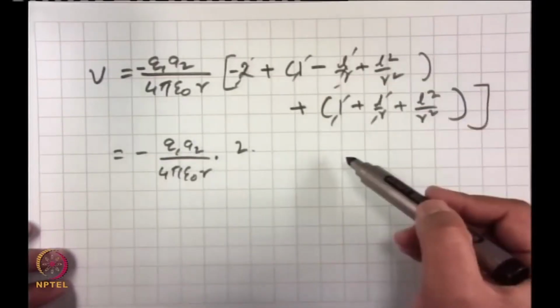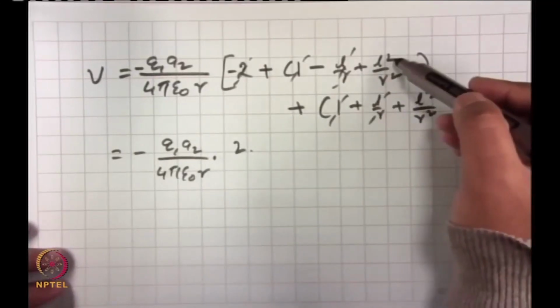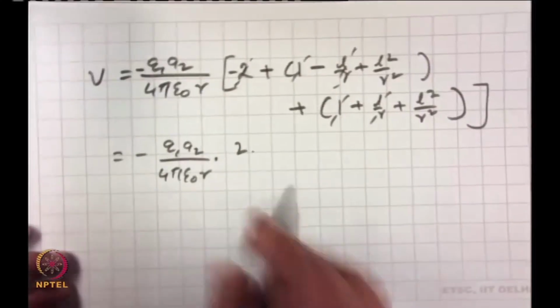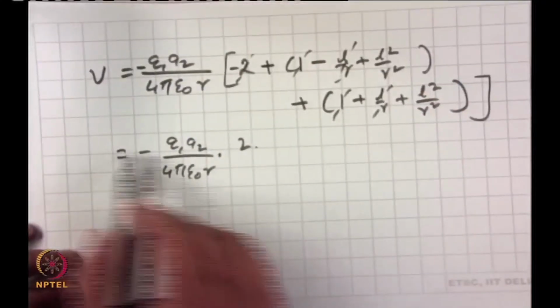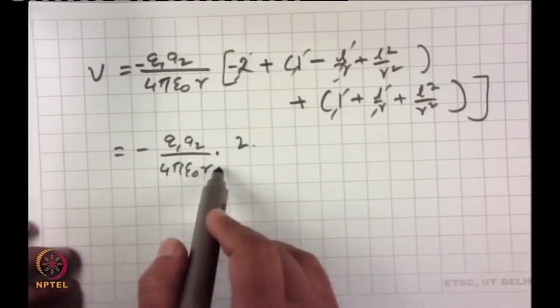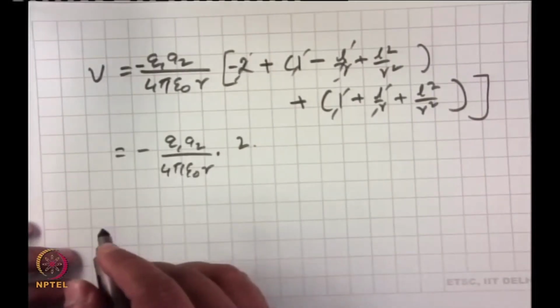What happens is L by r cancels out, and we are left with L square by r square, L square by r square, because 2 also cancels out with 1 and 1. So, what you are left with is V is equal to minus Q1 Q2 by 4 pi epsilon 0 r, times what is the other term we should be having here?